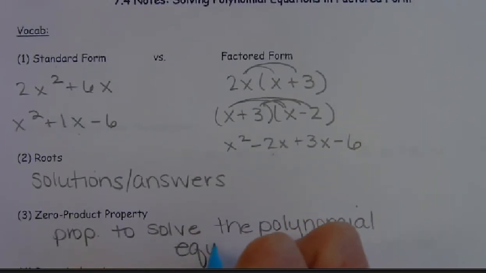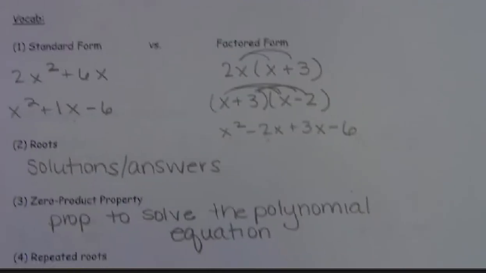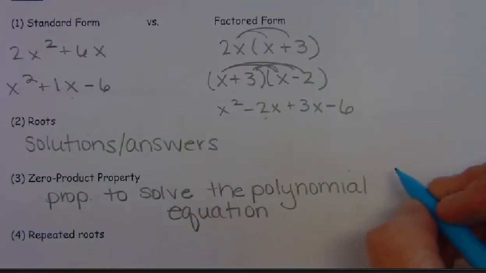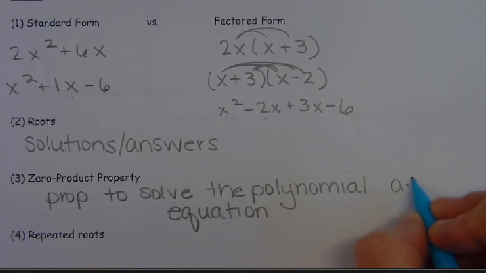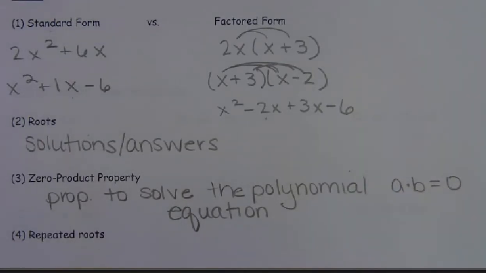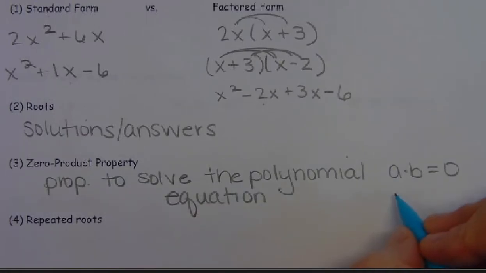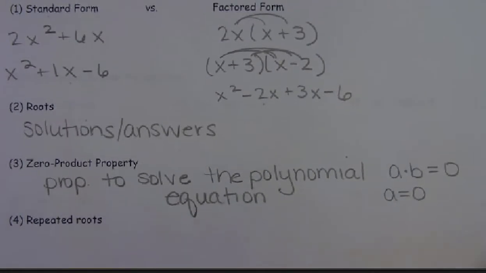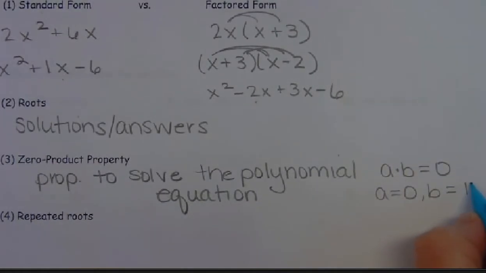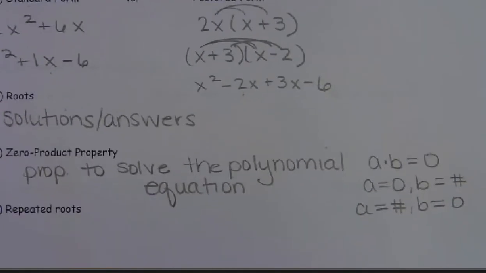Now, let me explain a little bit about this property. So if I gave you a times b equals 0, you could tell me that if a is 0, b could be anything, and you would still get 0. So b could be any number. Or you could say b could be 0, and a could be any number, and it would still work.